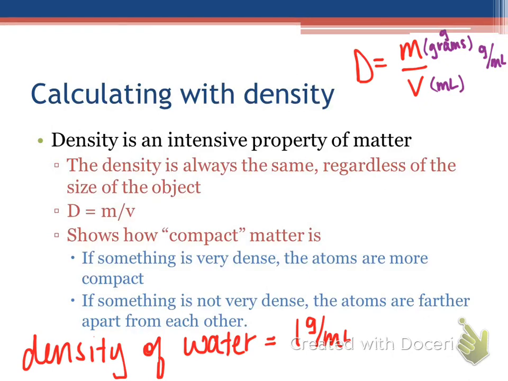You could also scale it up to kilograms per liter. You can put it anywhere in between as long as it's a mass unit divided by a volume unit. Most of the time it's going to be grams per milliliter. So how many grams does it weigh divided by how many milliliters that same amount of substance takes up? That's what we're looking at for density.